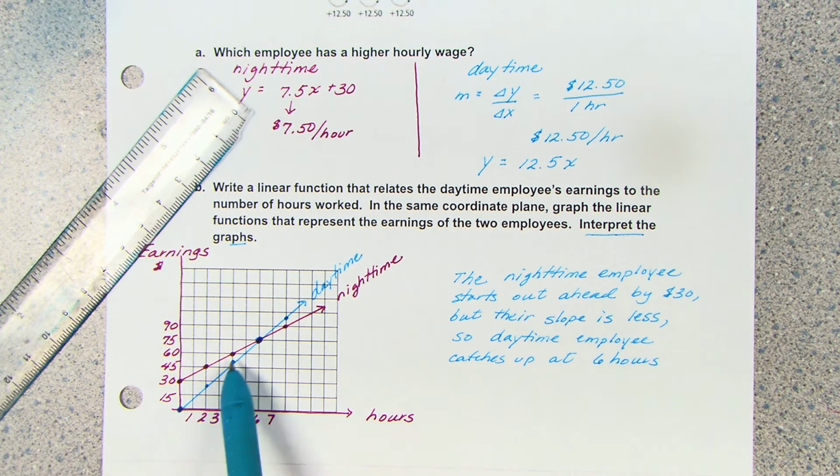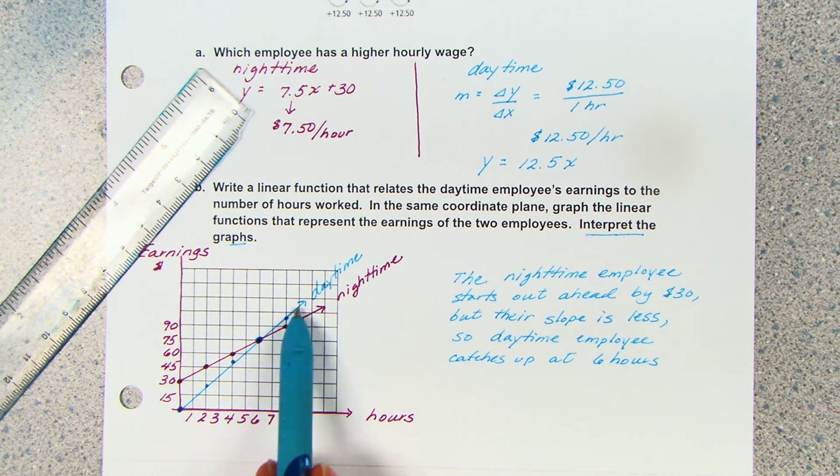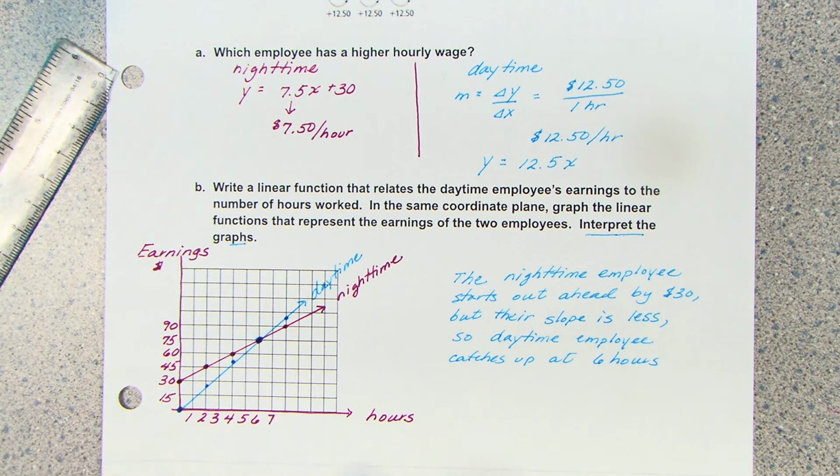So less than 6 hours, the nighttime employee makes more. Their line is on top. And at the 6-hour point, then the daytime employee makes more total.